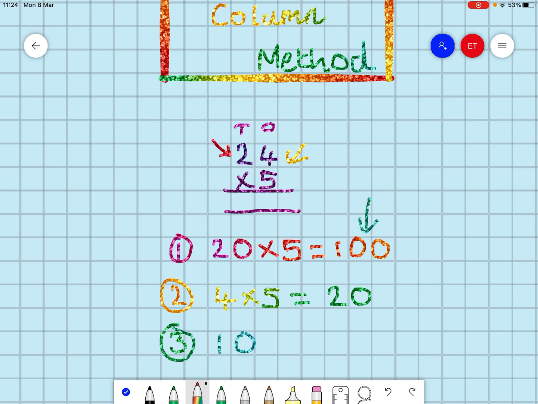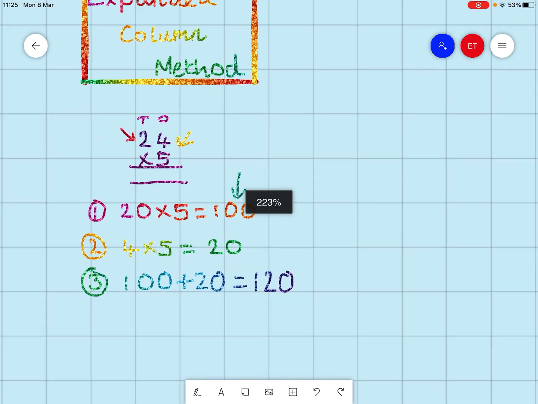So 100 add 20 equals 120. So that is our answer to 24 times 5. So we're basically writing each step out at a time. We multiply the 10s, then we multiply the 1s. Let me show you another one.